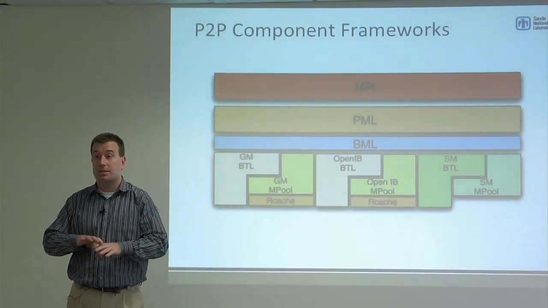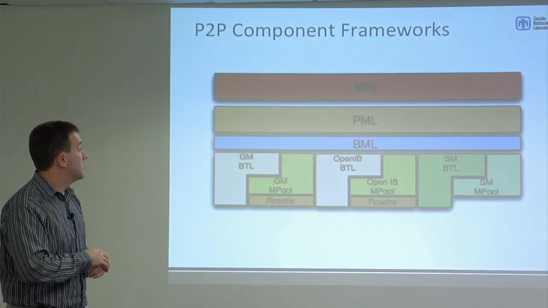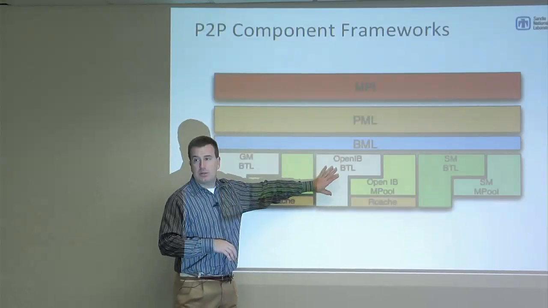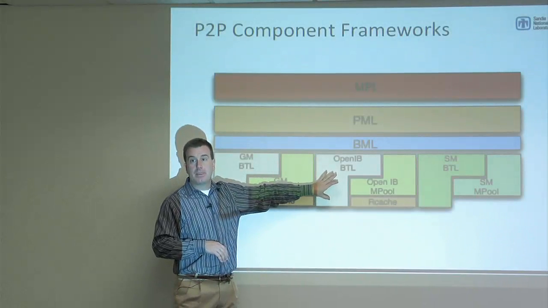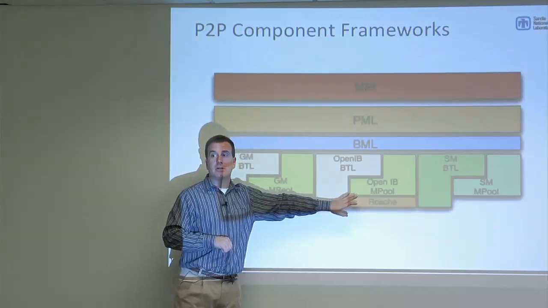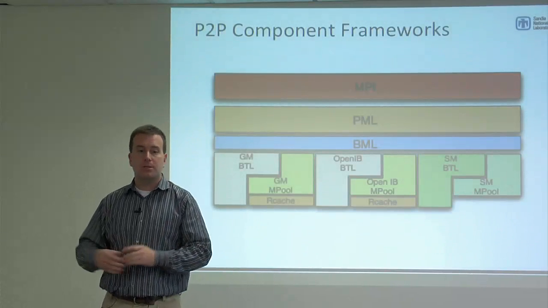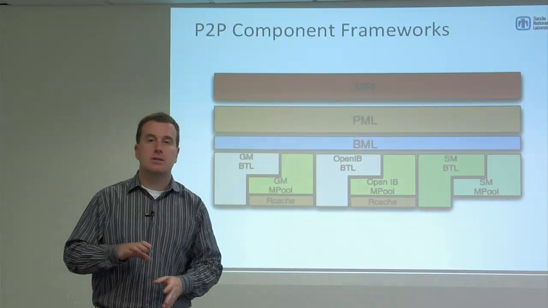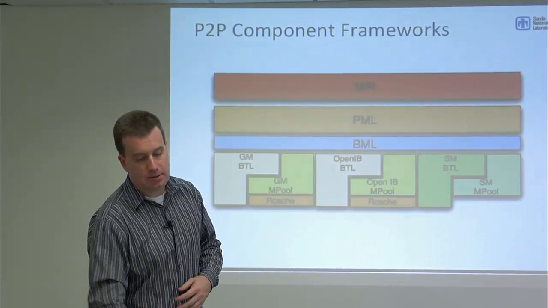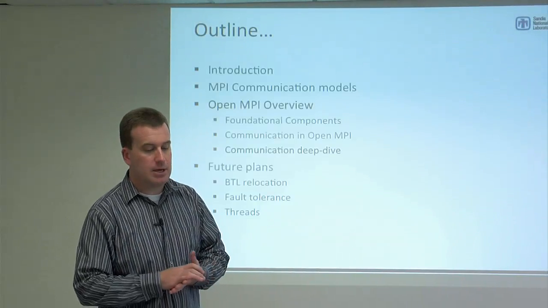In reality, it's essentially shared across devices a little bit more cleanly than this, largely because, as we talked about, you can have more than one OpenIB BTL. They share the same mpool and the same R cache, because when I register on one NIC, I'm actually going to register on all the NICs. And so a lot of that gets hidden underneath where you don't have to deal with some of those details, but there's a little bit more multiplexing going on than this diagram shows, but the diagram gets too complicated if you show everything exactly right.